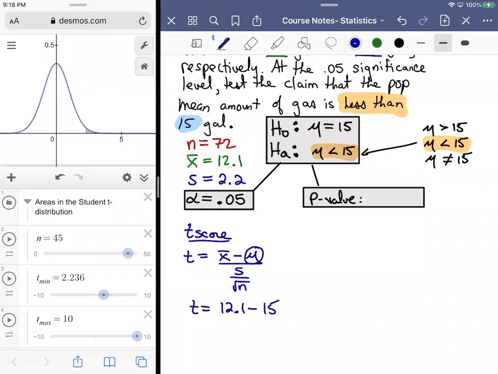This value here is always going to be the assumed value in H0, or H naught. Over s, which is 2.2, over the square root of 72.